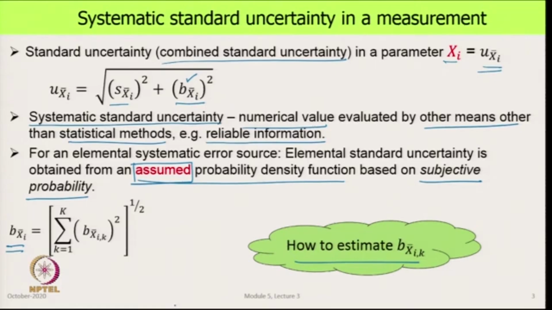So, this is our large strategy on how we will estimate BXIK. For each elemental systematic standard uncertainty, there are systematic sources of error. This we said right in the beginning, that the experimenter has to list all sources of error, classify them as being random, or based on data, or systematic, as not being based on data and statistics. Those are all the elemental sources of error.